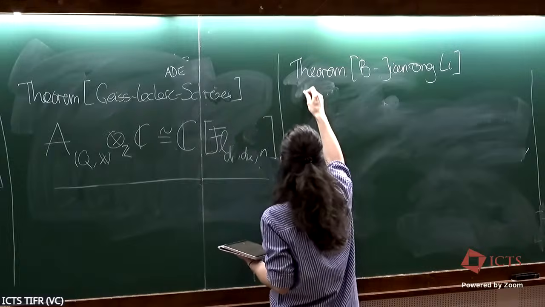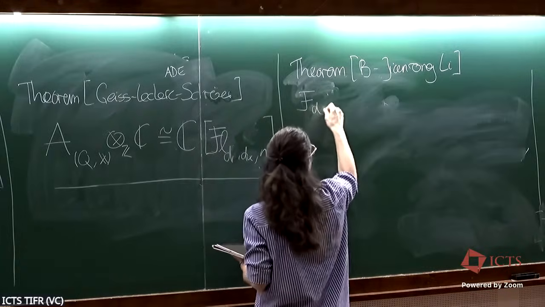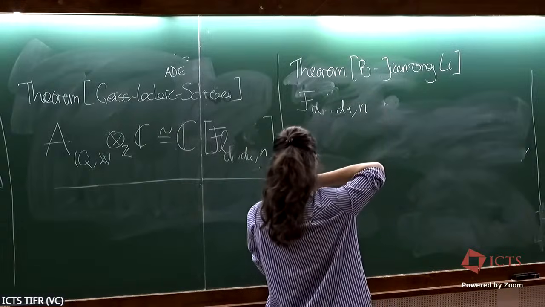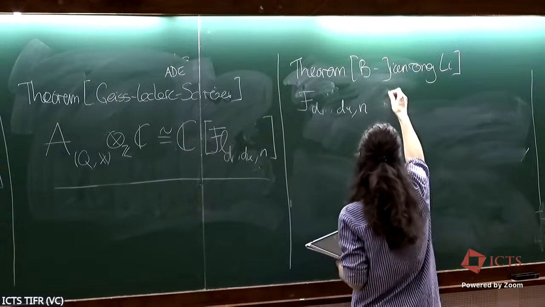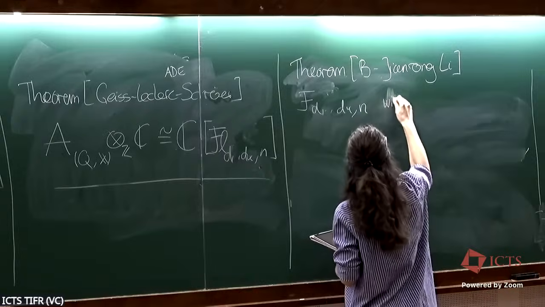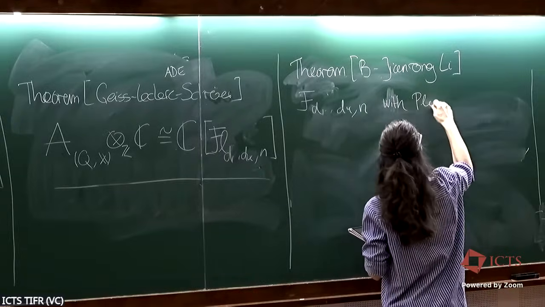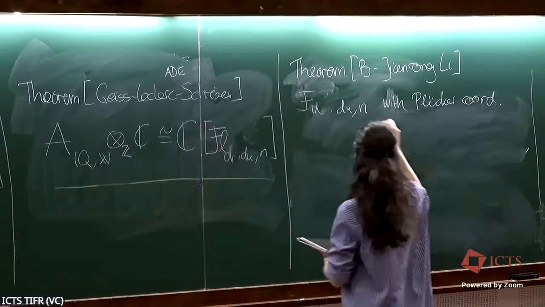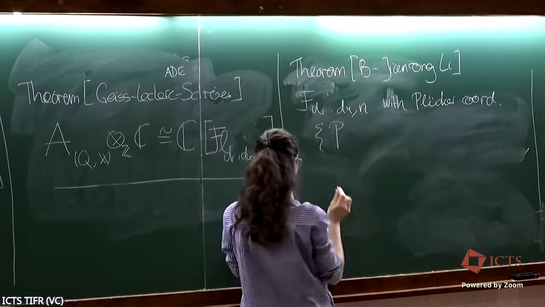We consider the partial flag variety with dimensions d_1 up to d_k in n, and let's have local coordinates here. Let them be denoted with the capital P's as we had so far.